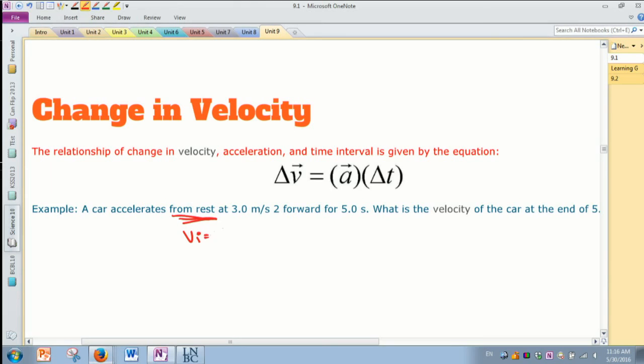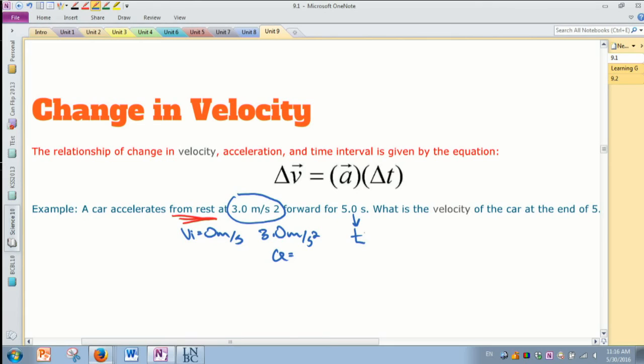That means your initial velocity is 0 meters per second. The other piece of information I'm given is, this should say 3.0 meters per second squared, but the superscript didn't work. So that's your acceleration. And then this guy here is a time.